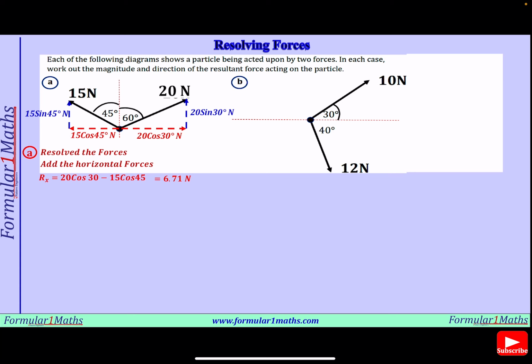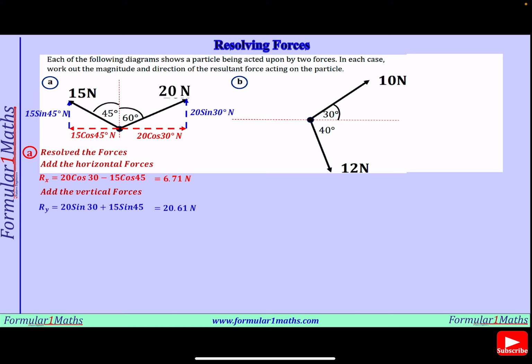We do the same thing for the vertical forces. That will be 20 sine 30 acting up plus 15 sine 45 because it's acting upward. And so we add them together to get that. So let's try to sketch this situation here for the resultant force.